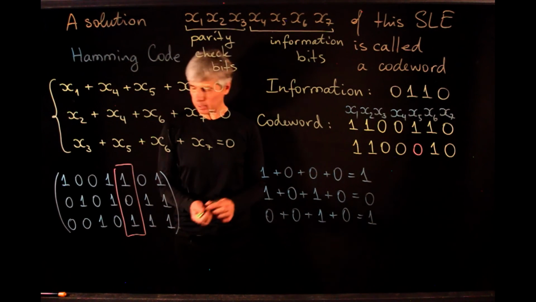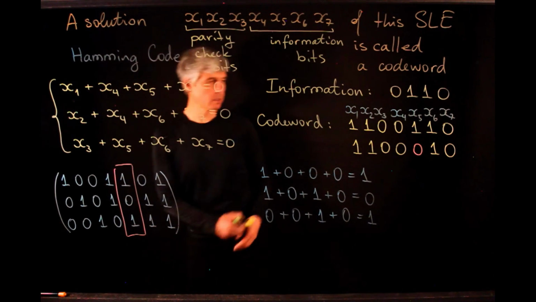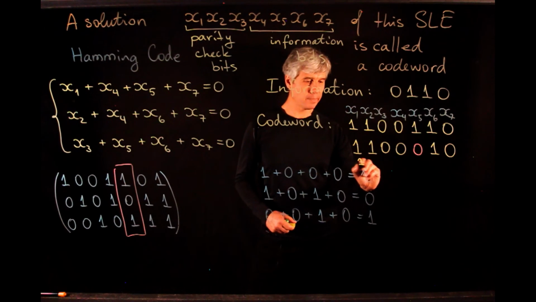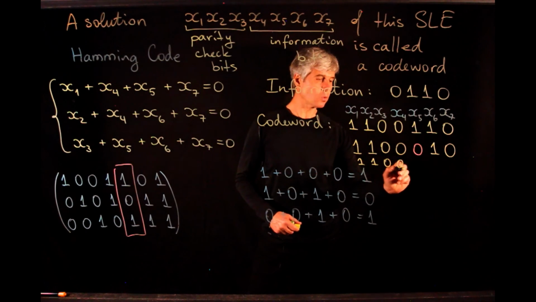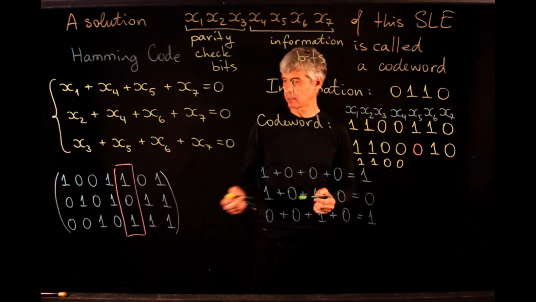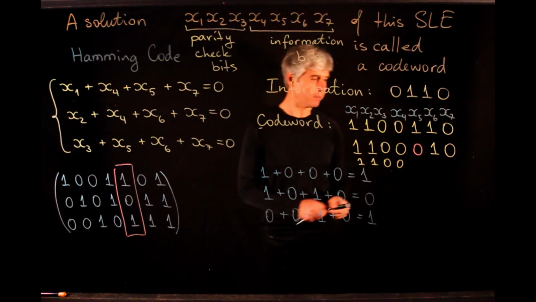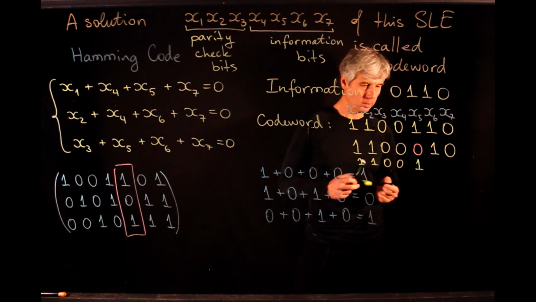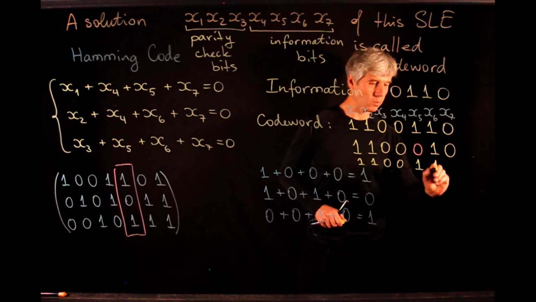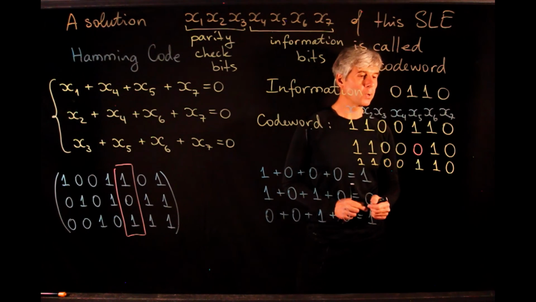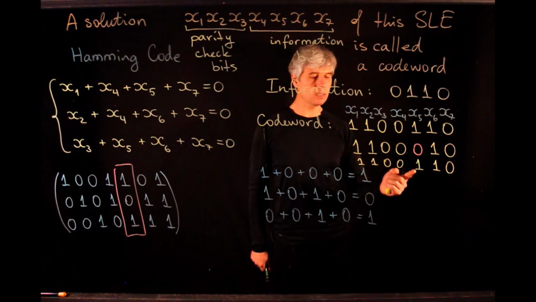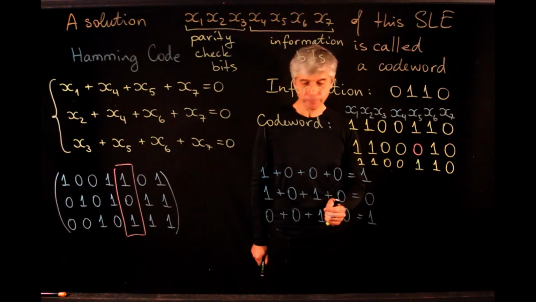And so the correct code word will have 1, 1, 0, 0, and we change the bit number 5. So this will be 1 and 1, 0. In this way, we recover the correct bit in position number 5.